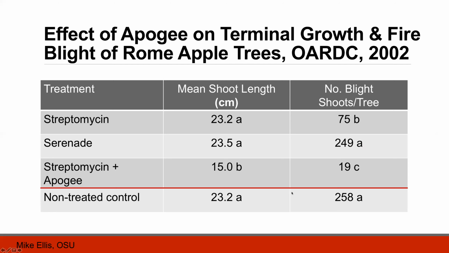So the current recommendation to growers is that they use streptomycin at bloom, and then following bloom, they make 2 applications of Apogee. And growers in Ohio and surrounding states have seen really good control using both streptomycin and Apogee.